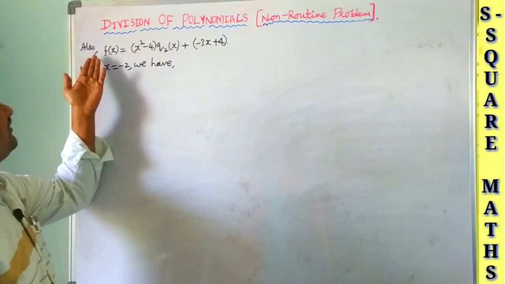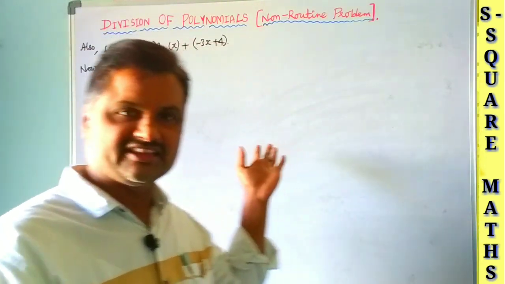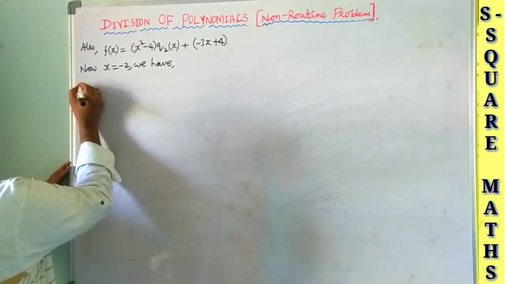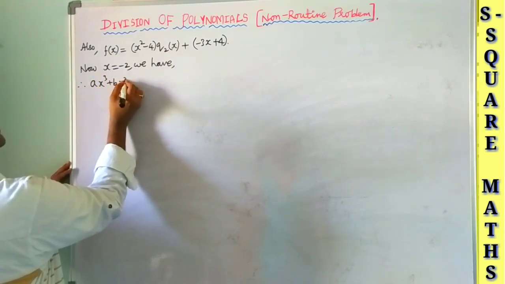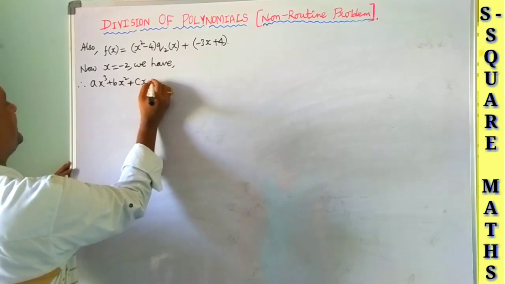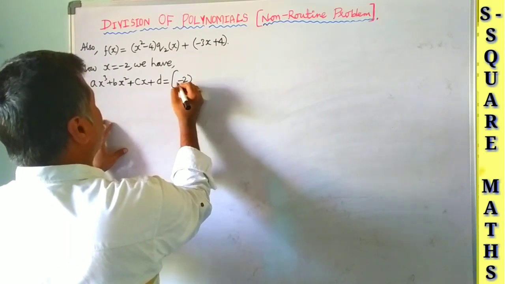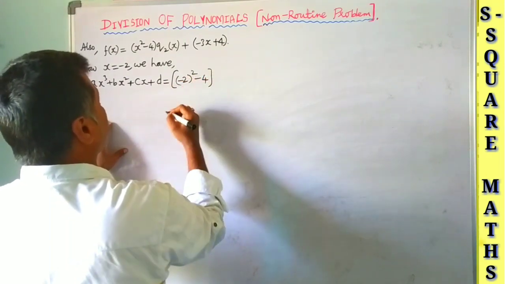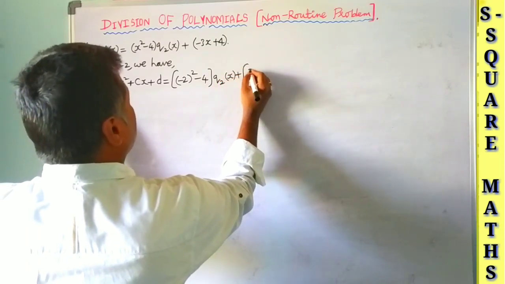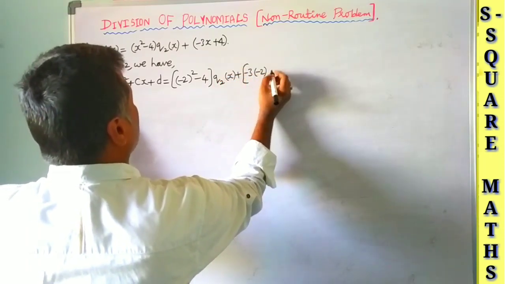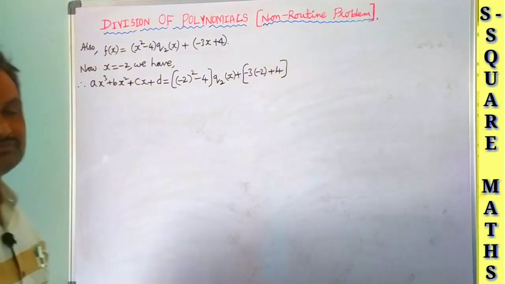So f of x is equal to this. In the previous case we have gone through x is equal to 2 in this equation. Now x is equal to minus 2. So therefore now ax cube plus bx square plus cx plus d is equal to, so x is equal to minus 2 here, so minus 2 whole square minus 4 into q2 of x plus minus 3 into minus 2 plus here it is 4.